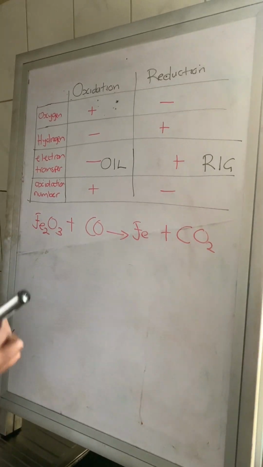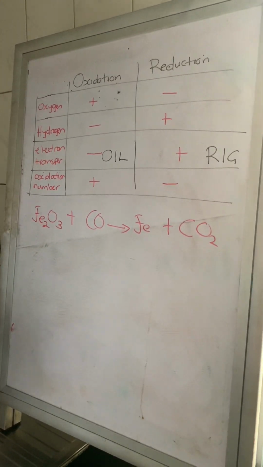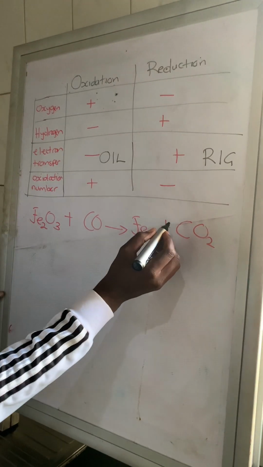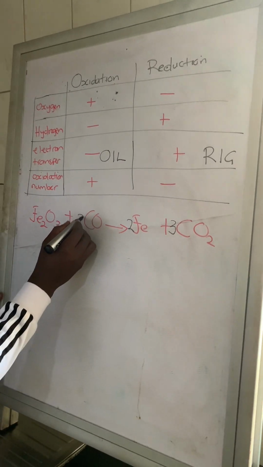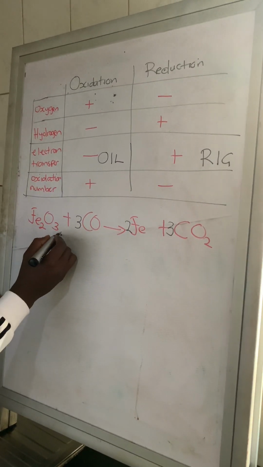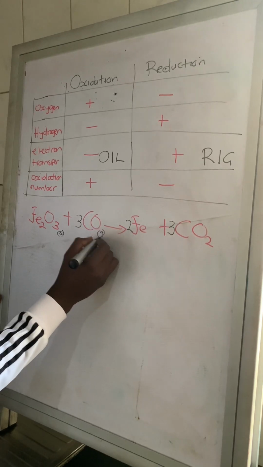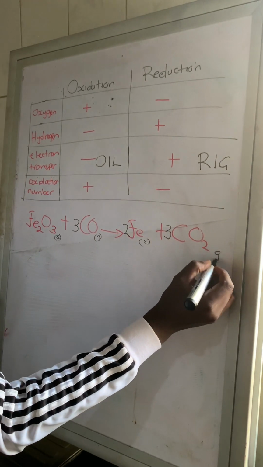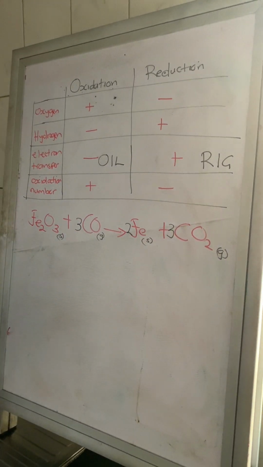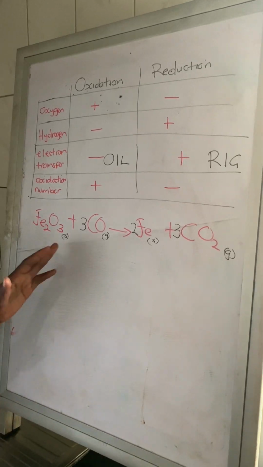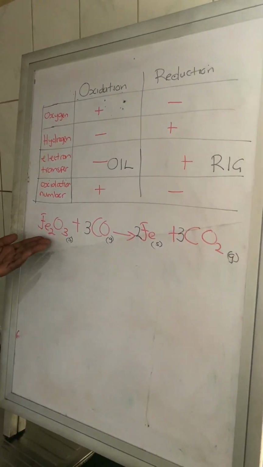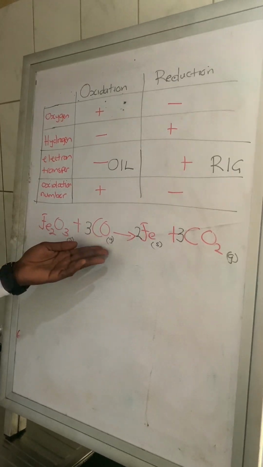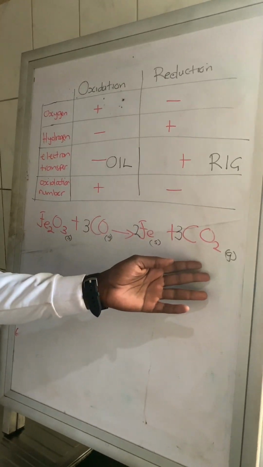I'll teach you how to balance equations some other time. We put state symbols. I will teach you how to write chemical equations and formulas of compounds some other time. Here we have iron(III) oxide reacting with carbon monoxide to form iron plus carbon dioxide.